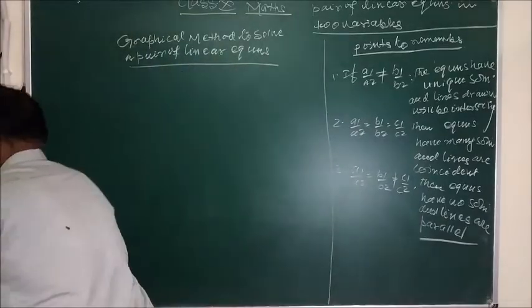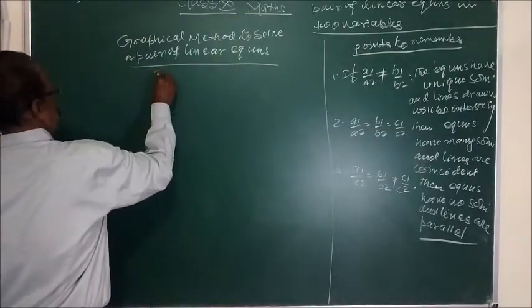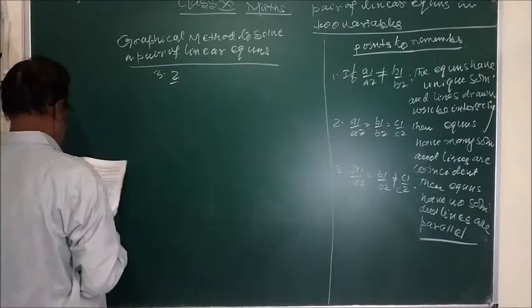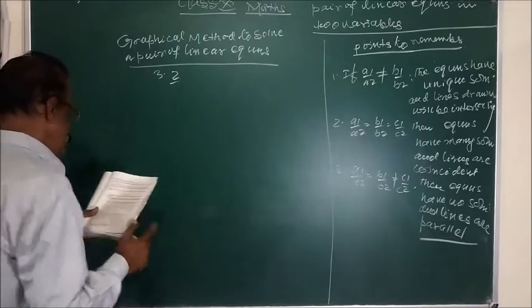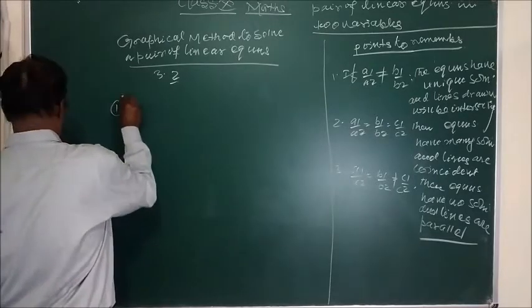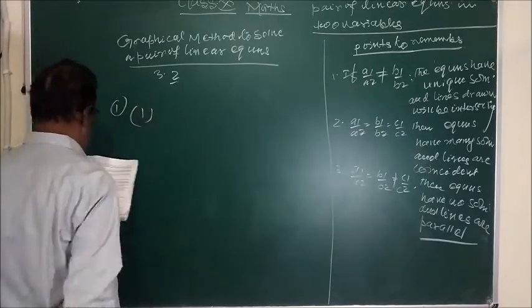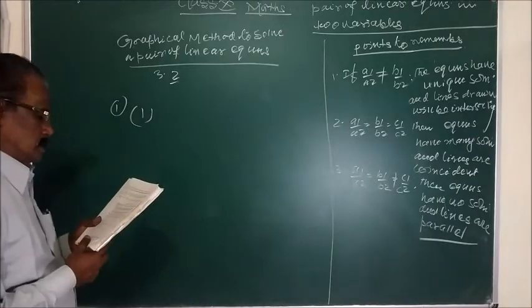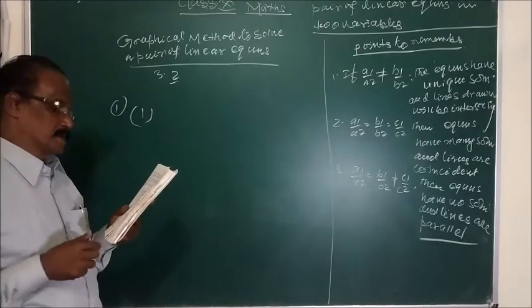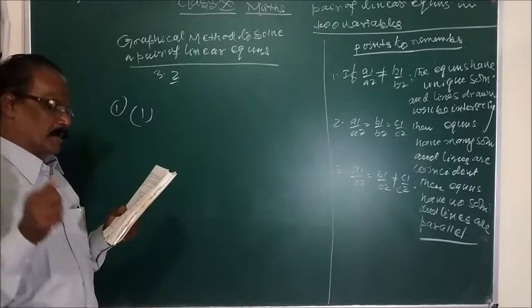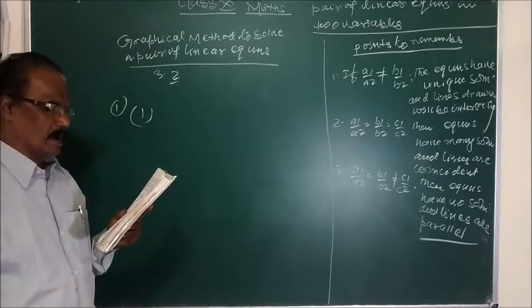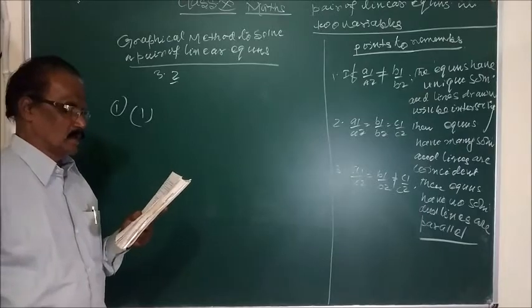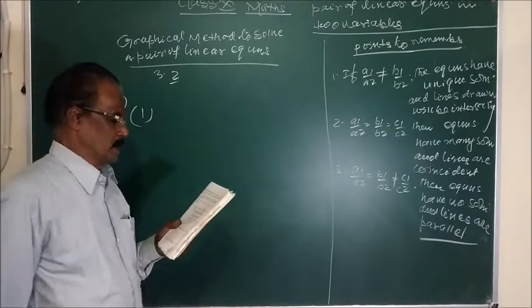Now you see exercise 3.2, question 1. In this exercise, you see the first question. 10 students of class 10 took part in a mathematics quiz. If the number of girls is 4 more than the number of boys, find the number of boys and girls who took part in the quiz.